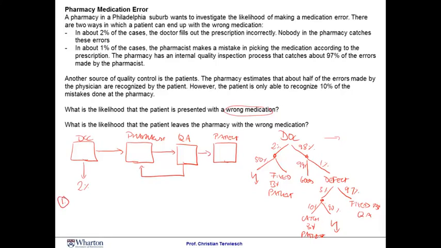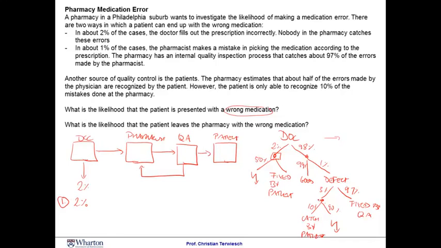The first question is looking at the patient being presented with the wrong medication. So we're looking at this node here in the tree. With a 2% probability, the doctor makes a mistake, and that leads to the wrong medication getting to the patient.